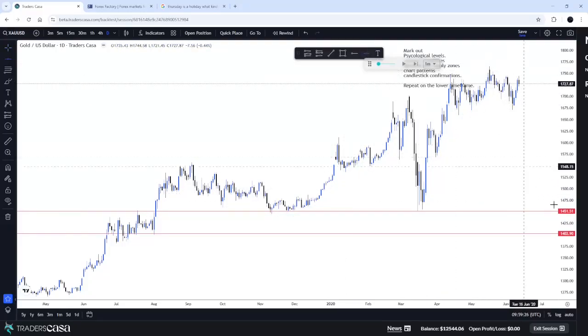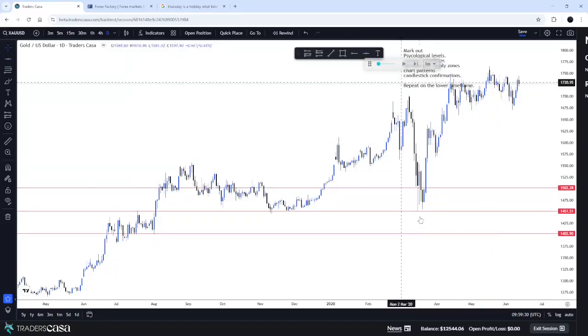So let's check it out. So 500 pips here.